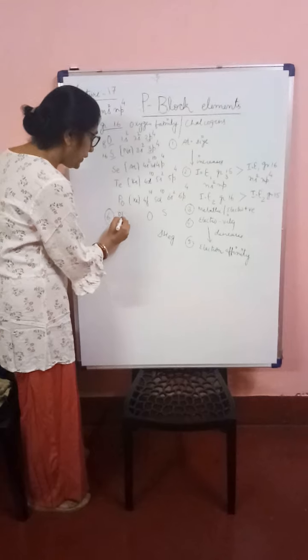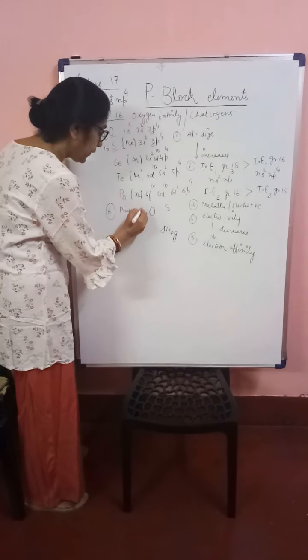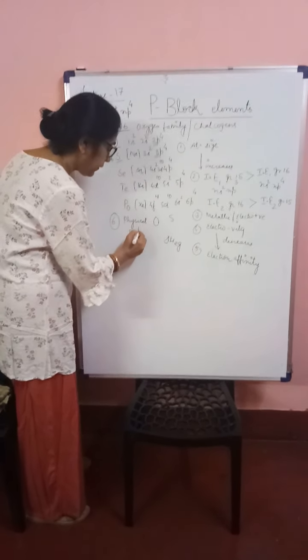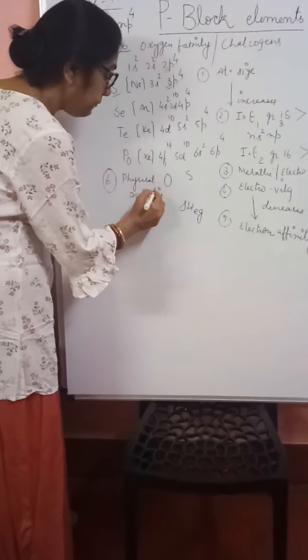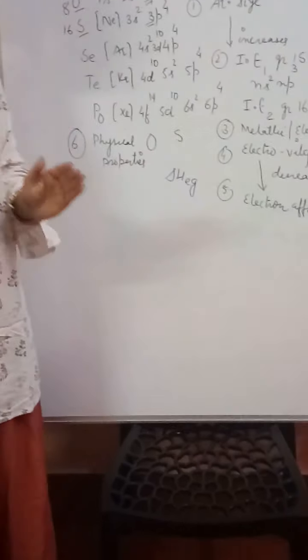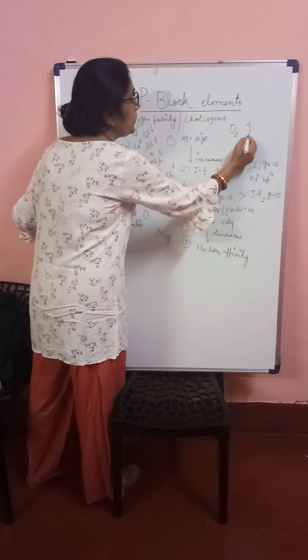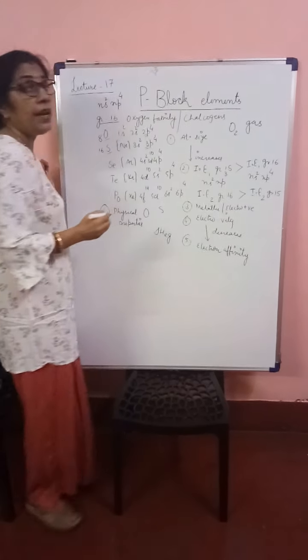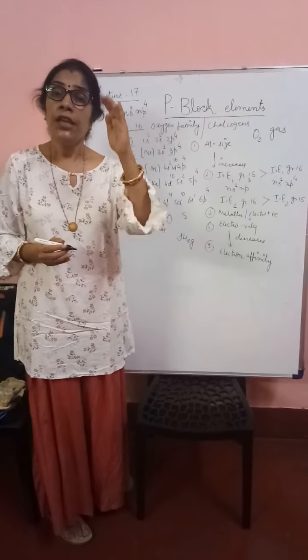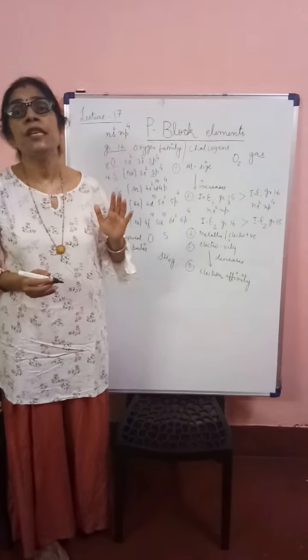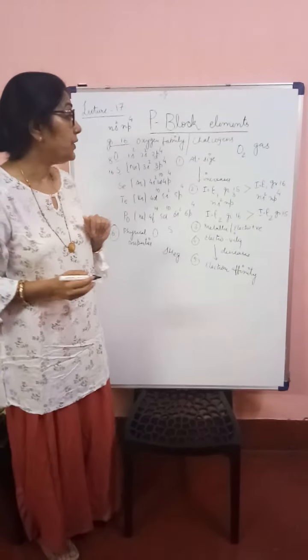Next is the physical properties. And when I say physical properties, most importantly, oxygen at room temperature is a gas, whereas the rest of the elements in the same group exist as solids at room temperature.